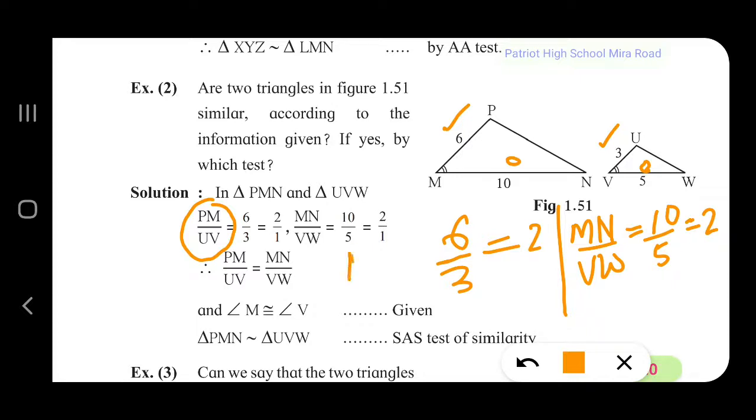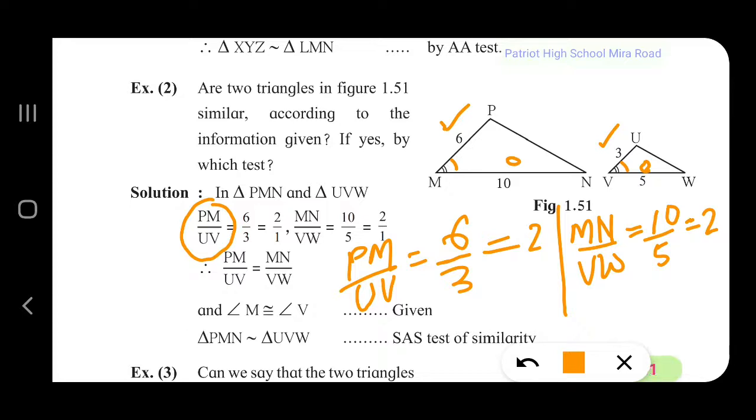So PM upon UV is equal to 6 upon 3, which is equal to 2. So the ratio shown by PM upon UV is 2, and MN upon VW is also equal to 2, and the included angles are congruent.